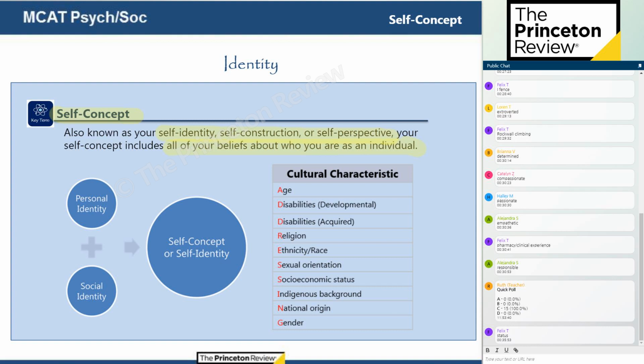Right, that list of descriptive words that we generated at the beginning when the question was, how would you identify yourself? Can you think of a couple of things that are social identity descriptors?